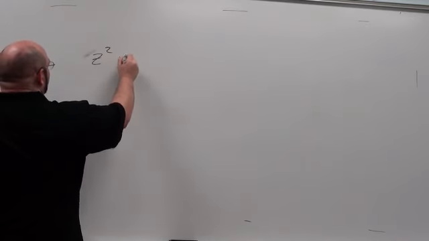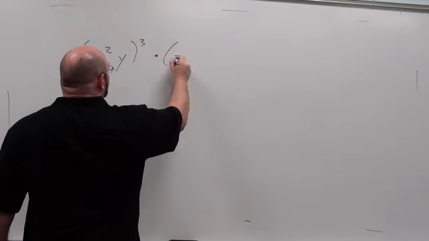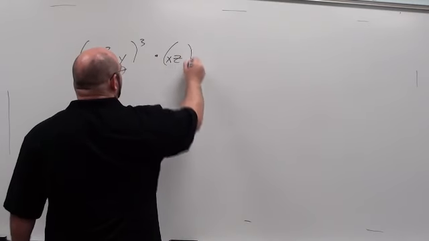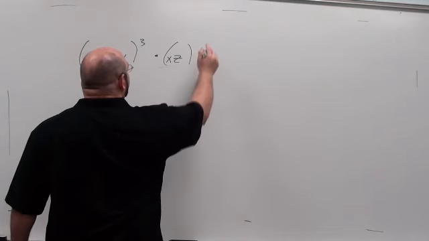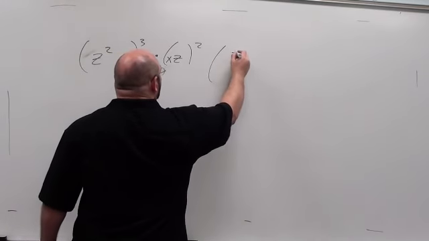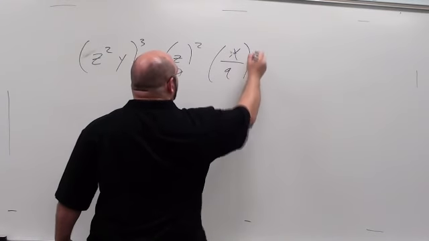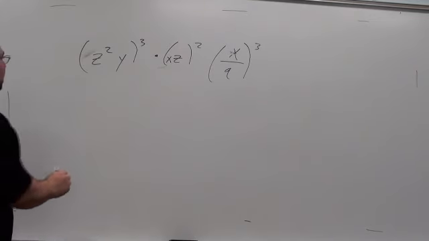z squared y cubed times x z squared over q, all to the 3 for the first part. Alright, so we've got this. We're going to wrap all this together.